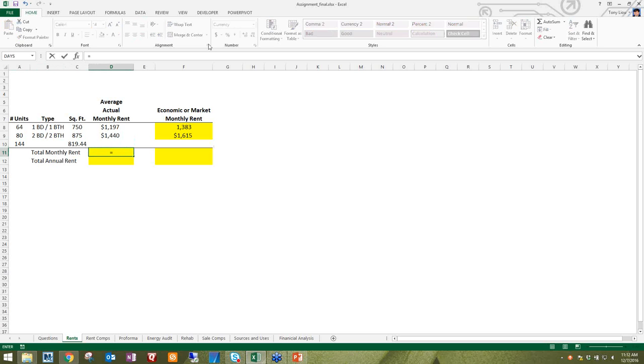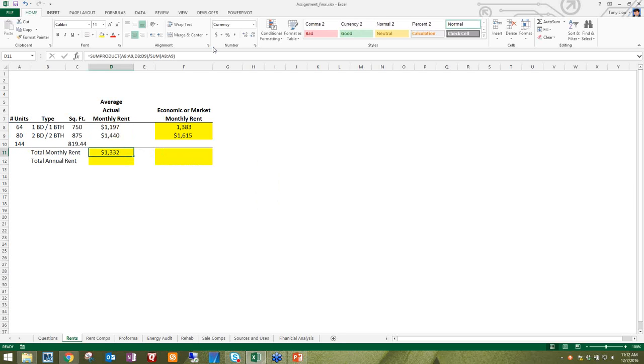I'm going to use the sum product of these two numbers. What this does is what I just said: it multiplies 64 times 1,197, then adds that to the product of 80 times 1,440. Then I need to divide this number by the total units.